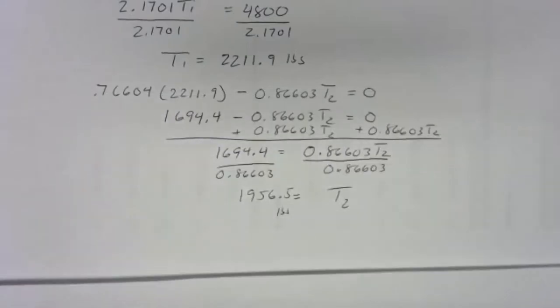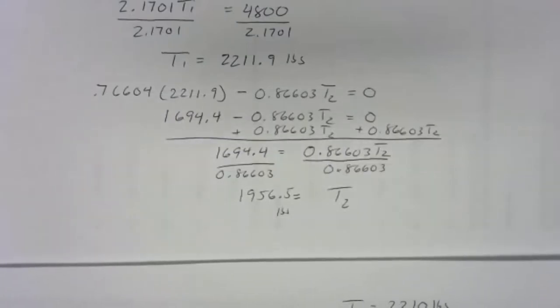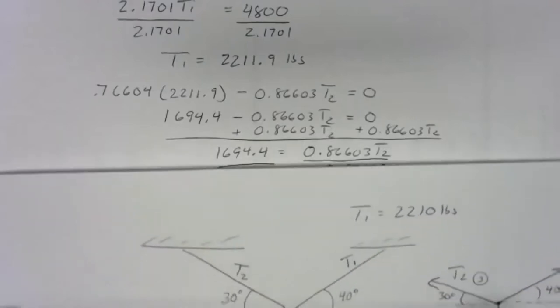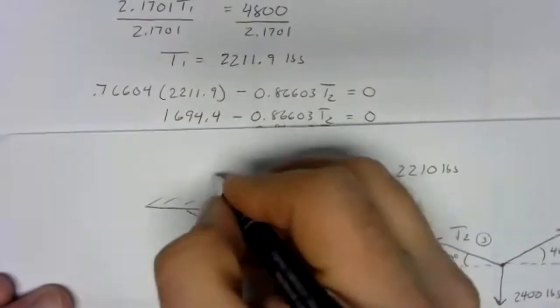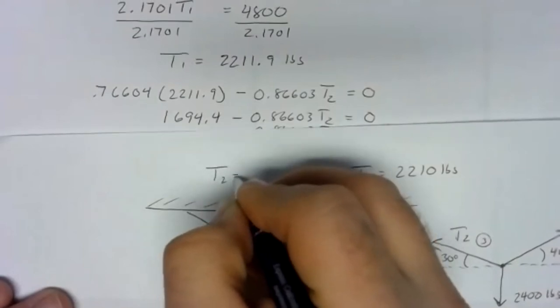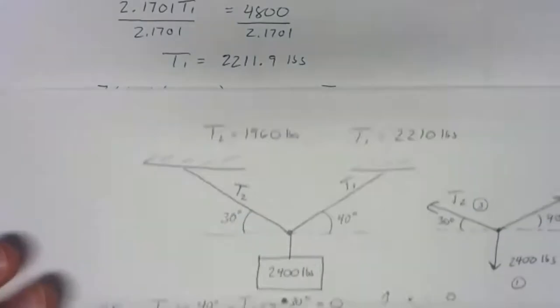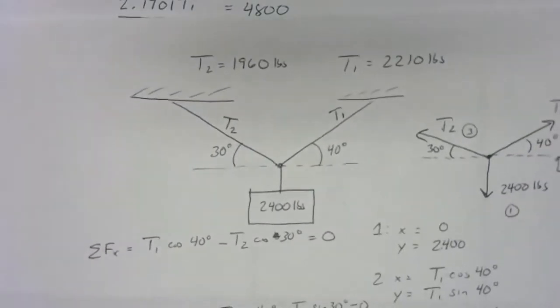And T2, 1956.5, that'd be 1960. So T2, 1960 pounds. So there's our final answer. Remember, those trailing zeros don't count unless there's a decimal point. So 1960 and 2210 both have 3 sig figs.